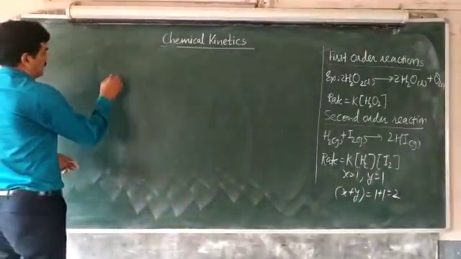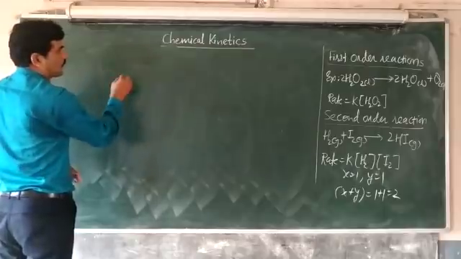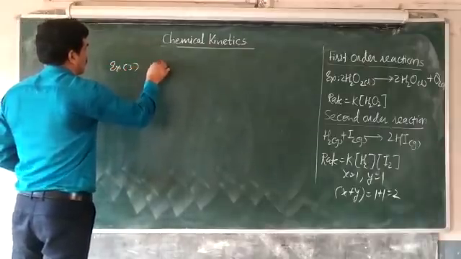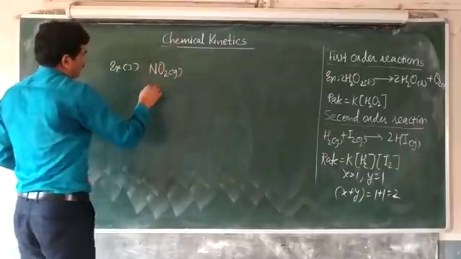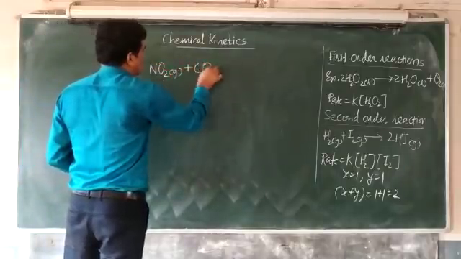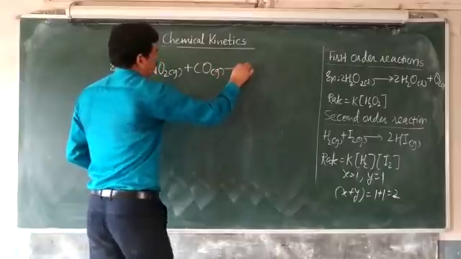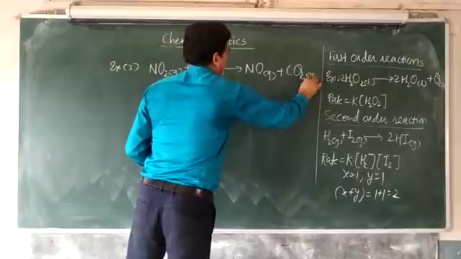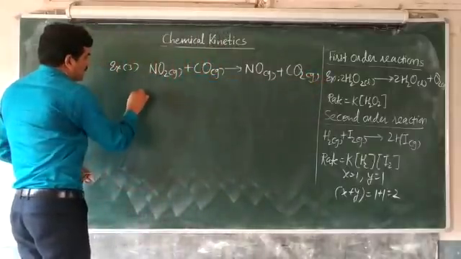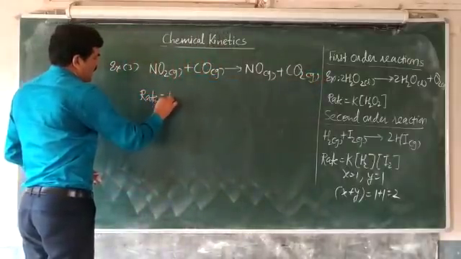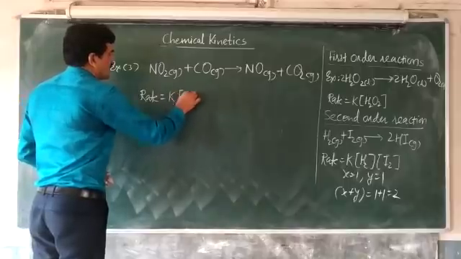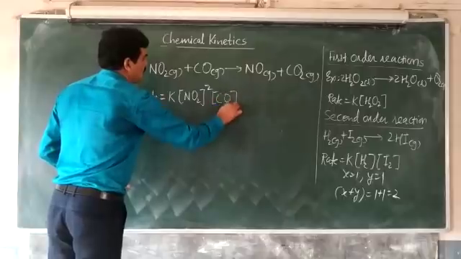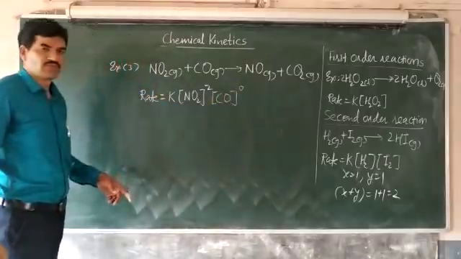Then third example. The reaction between NO2 gas and carbon monoxide gas to form NO gas and CO2 gas. The experimental rate law for this reaction is rate equal to k into molar concentration of NO2 squared into molar concentration of CO raised to power 0.